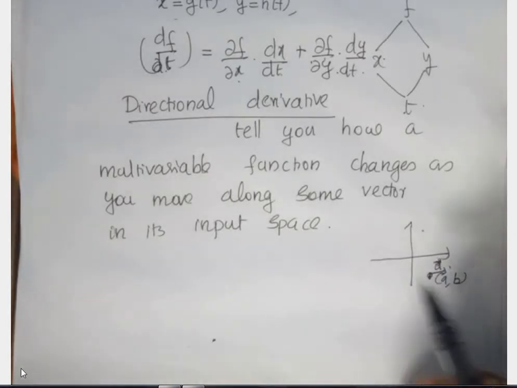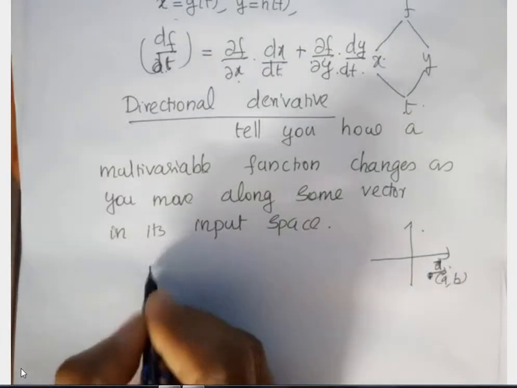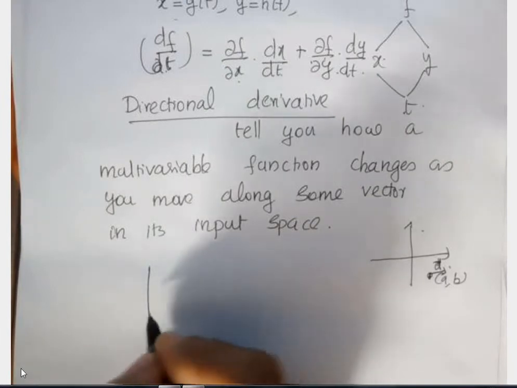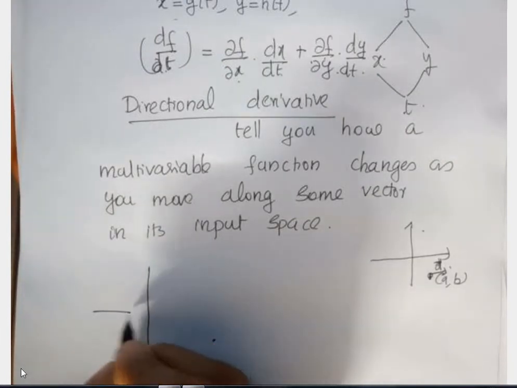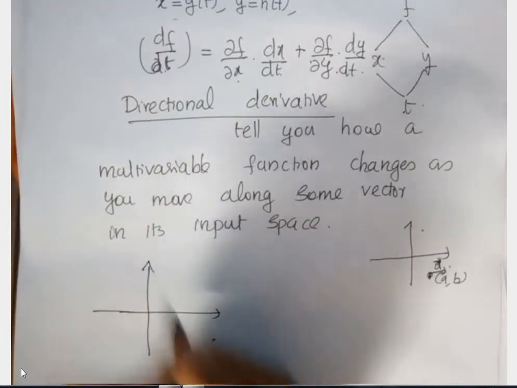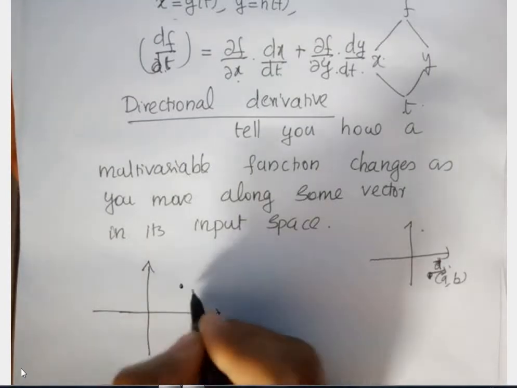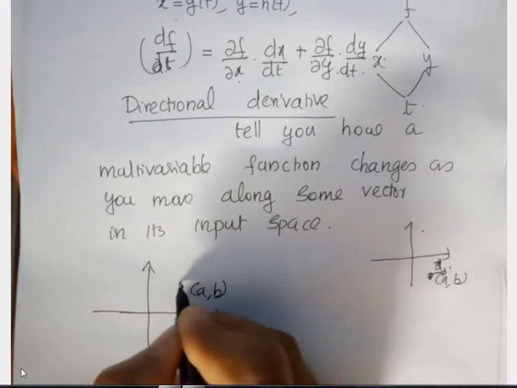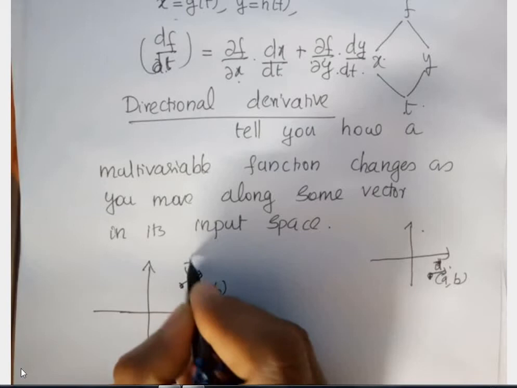That is what we are going to explain. Suppose this is the xy plane and we take a point (a, b) and a unit vector u.